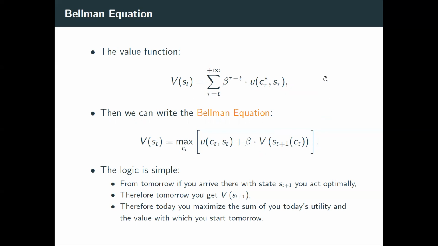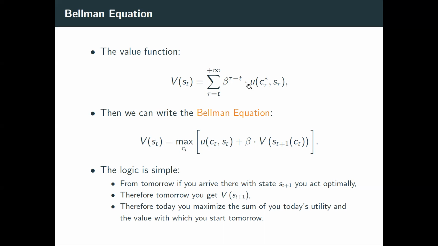Let us look at this value function and decompose this sum into two terms. The first term is the very first term, exactly u of CT and ST. When you have tau equal to T, the discount factor is 1, and the first term is this one.